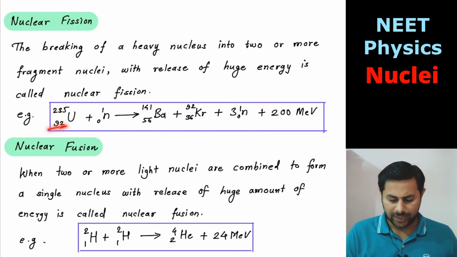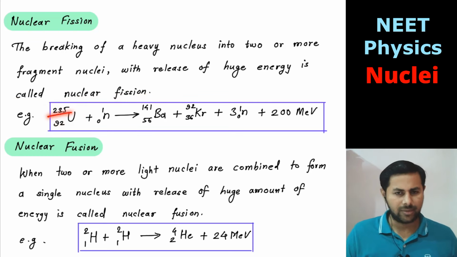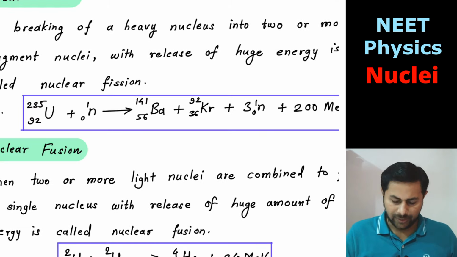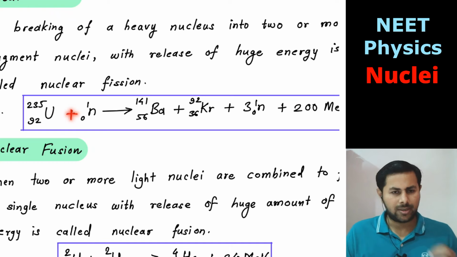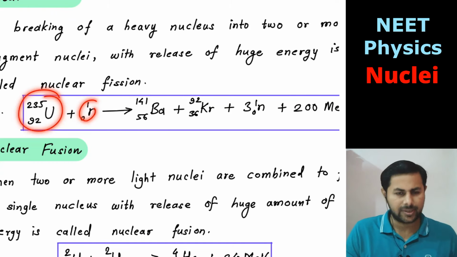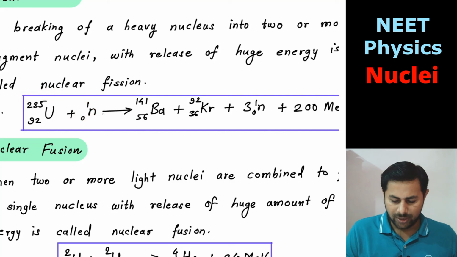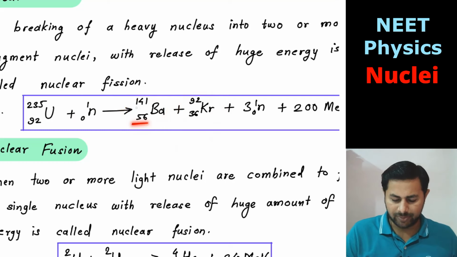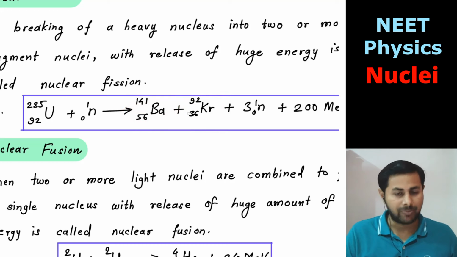Its atomic number is 92, mass number is 235, and this nucleus plus a neutron gives rise to barium and krypton. Its atomic number is 56, mass number is 144, 141.